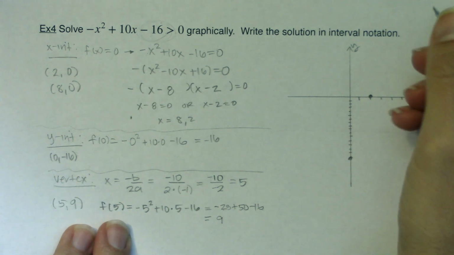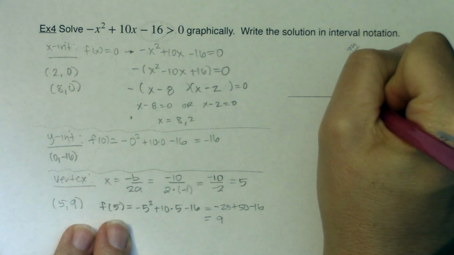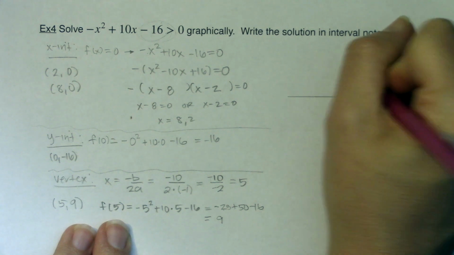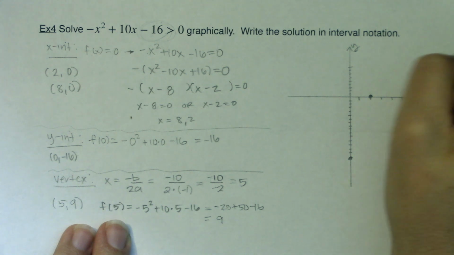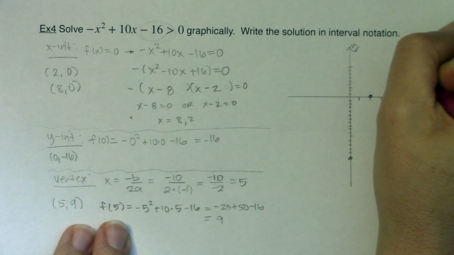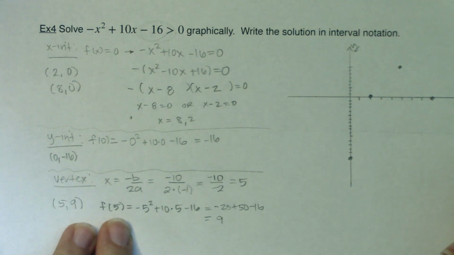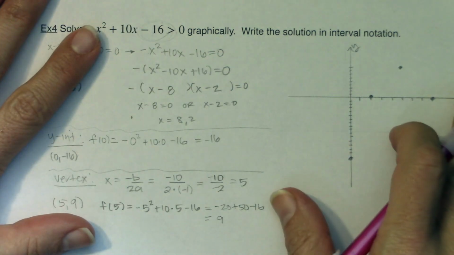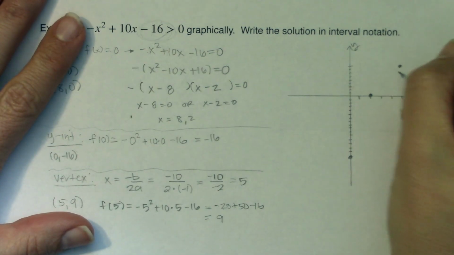And then I've got up to 9: 1, 2, 3, 4, 5, 6, 7, 8, 9. That's good enough. And I think we can still see the rightmost part of my parabola here.